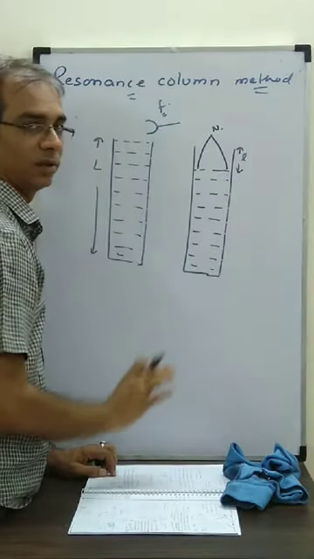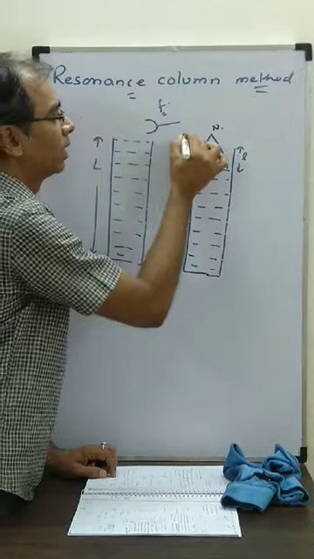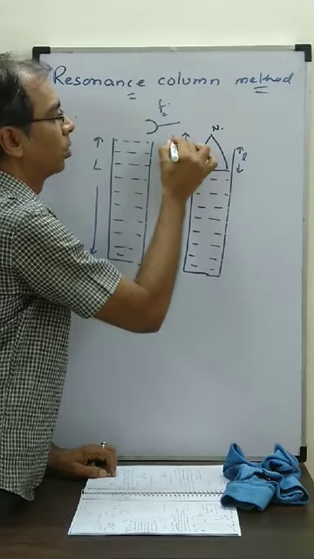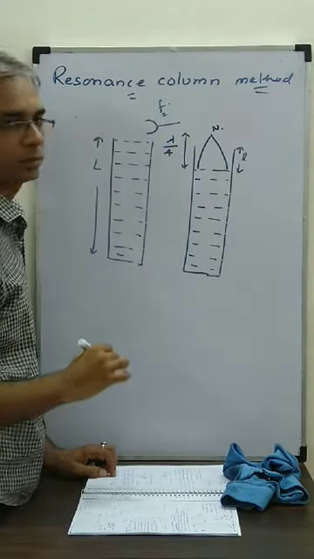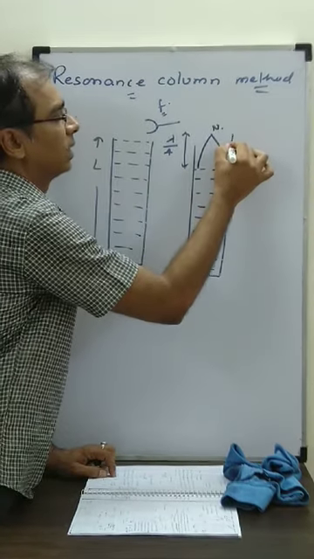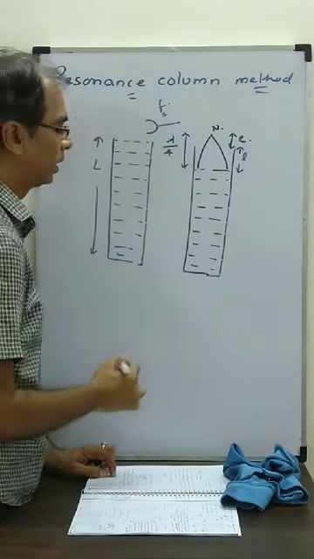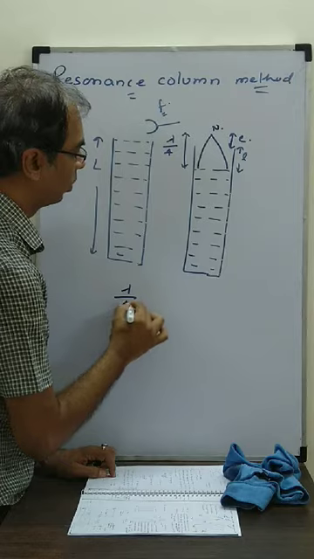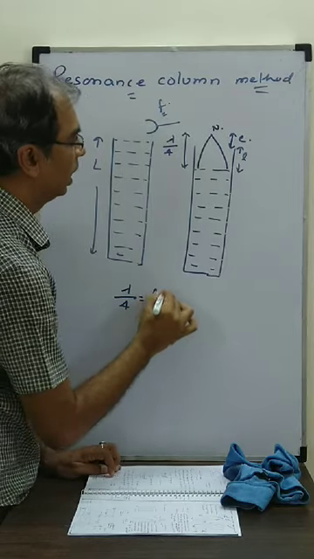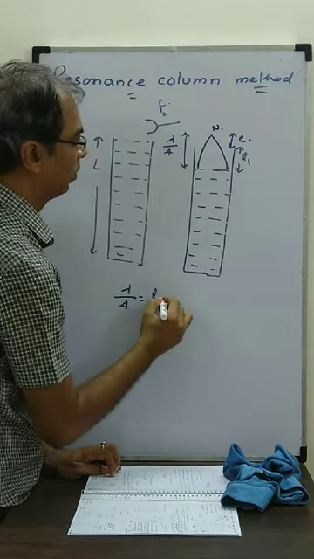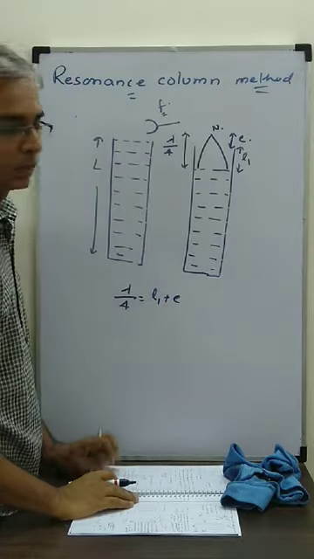We measured this length. Now we know that this has to be lambda by 4, and this length is E. We will write lambda by 4 equal to L1 plus E. We measured it.